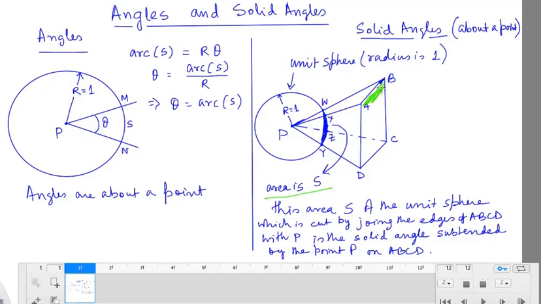Got it? This is the area AB. I am shading a little bit.